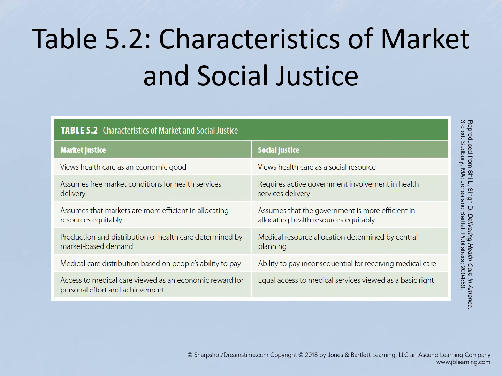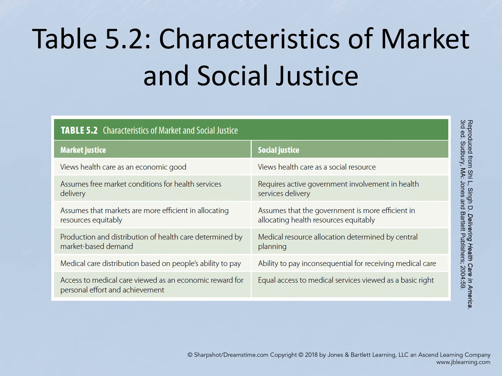In market justice, they view healthcare as an economic good, whereas in social justice, they view healthcare as a social resource. Market justice assumes free market conditions for health services delivery, whereas social justice requires active governmental involvement in health services delivery. Market justice assumes that markets are more efficient in allocating resources equitably. Social justice assumes that government is more efficient in allocating health resources equitably.